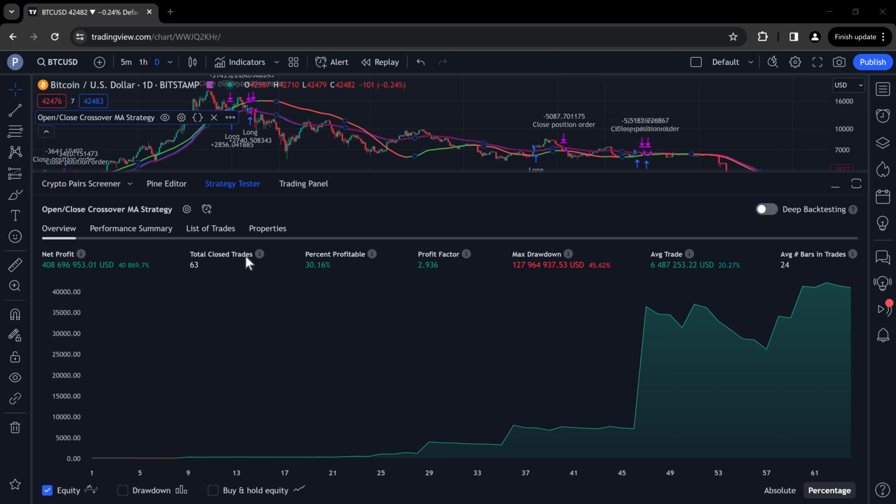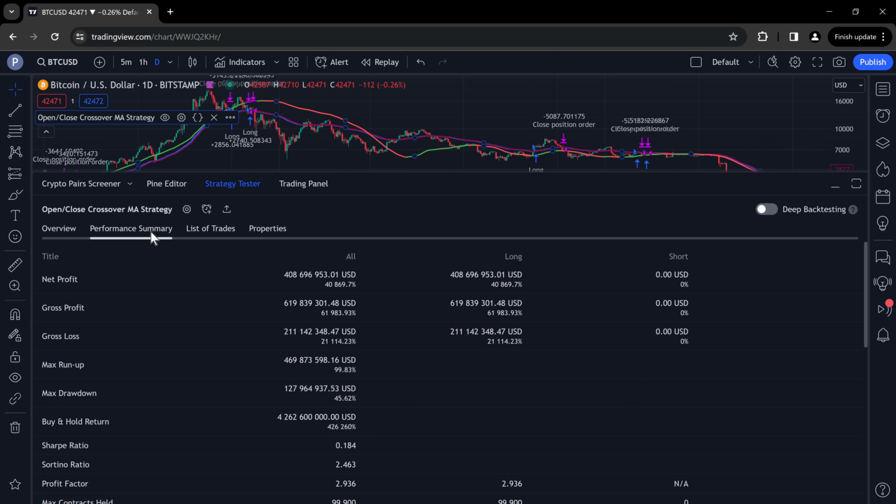Let's review the next Strategy Tester section, which is Performance Summary. The Performance Summary tab within the module offers an extensive overview of a strategy's performance metrics. It showcases 3 columns: one for all trades, second for long trades, and third for short trades only.